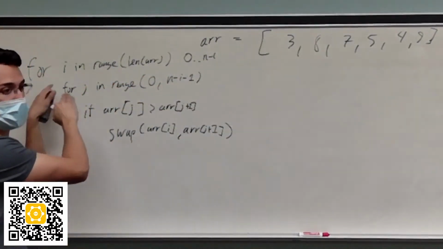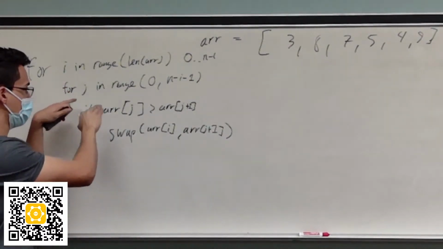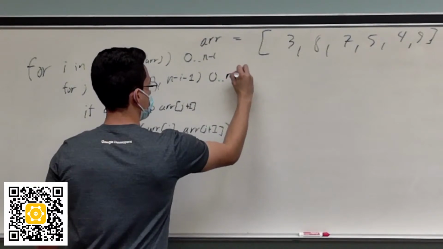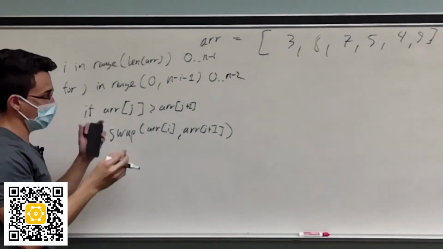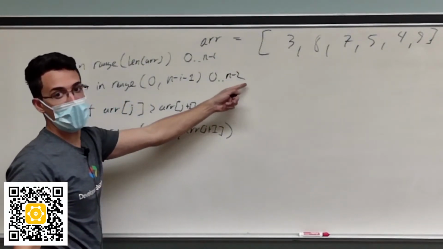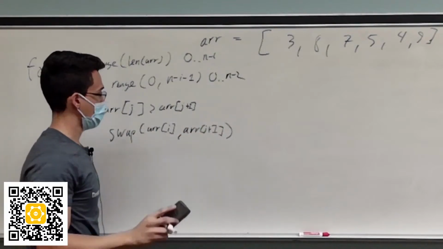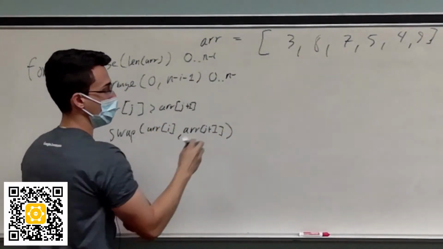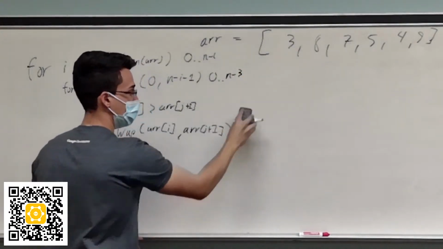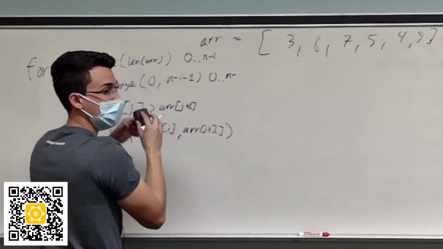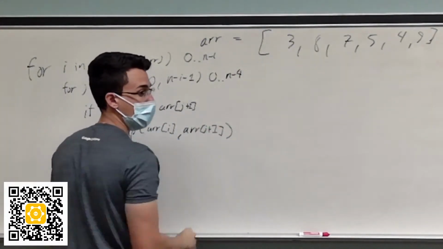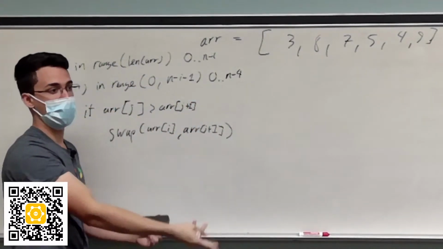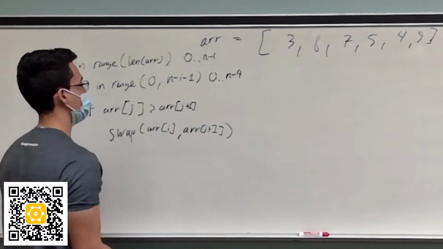But for each i, j is going to go from 0 to, well, actually, at first it would be n minus 2. But then as i keeps increasing, it'll become n minus 3. Then when you loop again, n minus 4. Right, because you keep on decreasing the size of the problem you're working with. So that's the point of this.